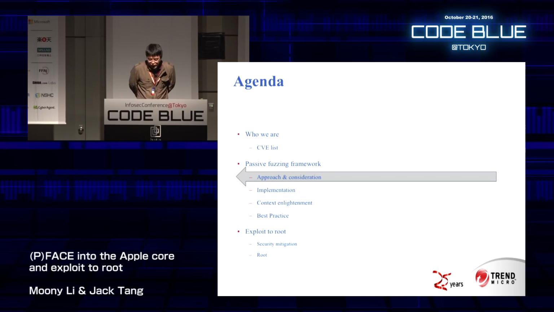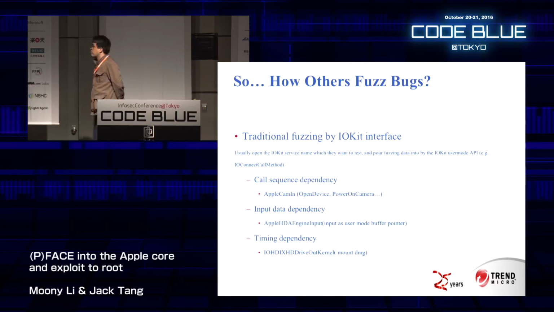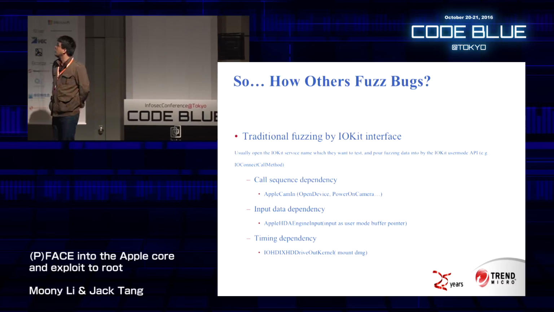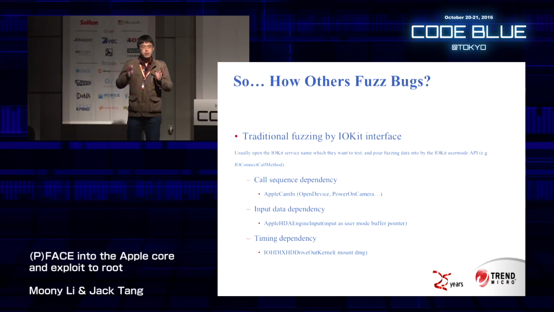In this part, I will introduce how we design and how we consider our approach to implement our passive fuzzing framework. Before that, let's see how other researchers do fuzzing towards the macOS kernel.